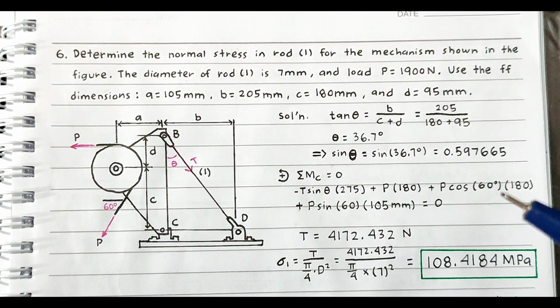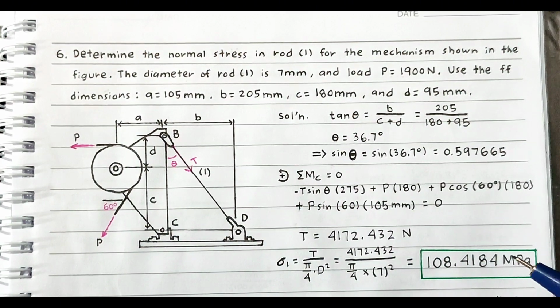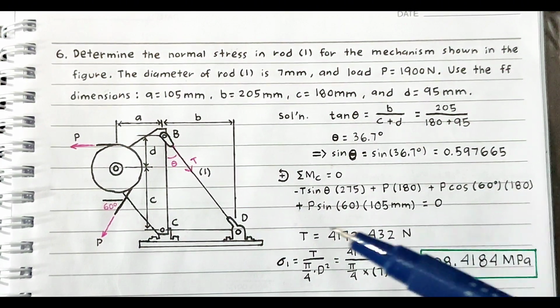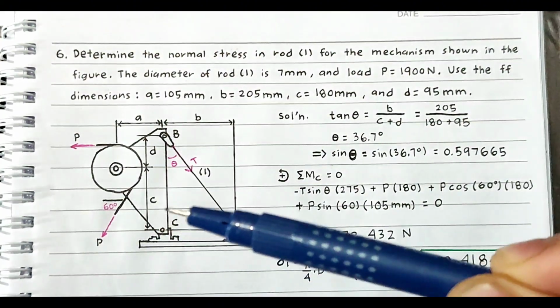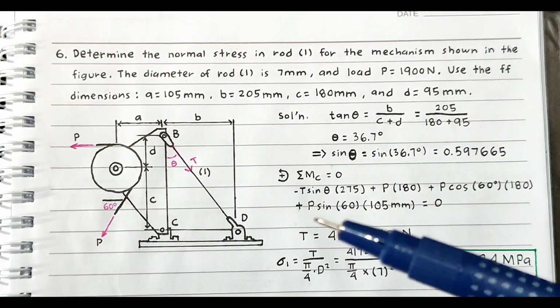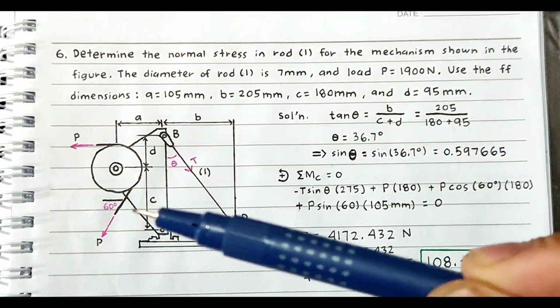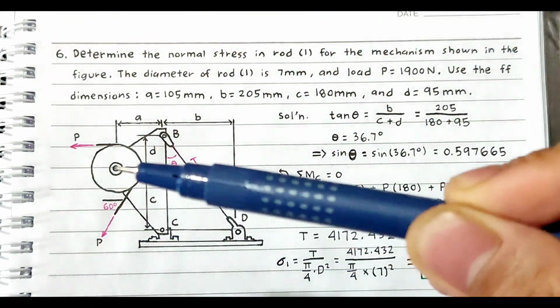Now cosine of the angle 60 degrees times 180, which is still the given value of C, 180 millimeters as the distance. So cosine of the angle times the distance. Now we also consider the P force along sine, which is the y direction.